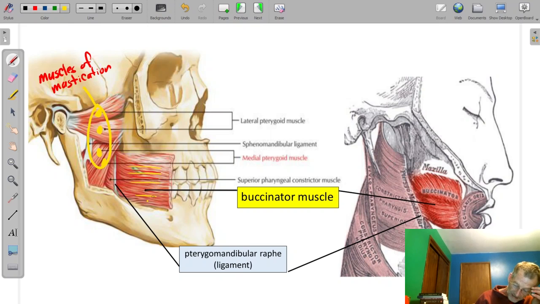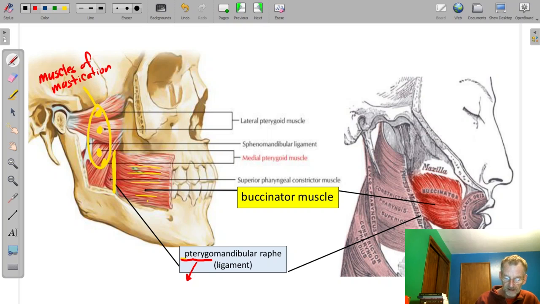And I'm not going to ask you about the origins and insertions, but check this out. There is a connection for this muscle back here. It's not the one that's posterior to it, but this connection is the pterygomandibular raphe. So what do you think pterygo is referring to when we're talking about bones?